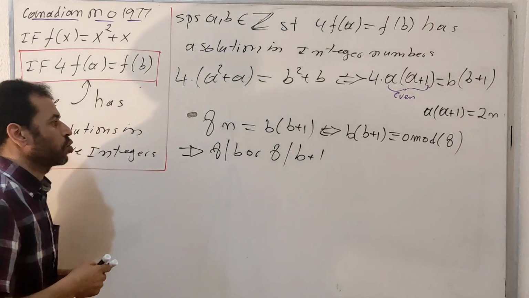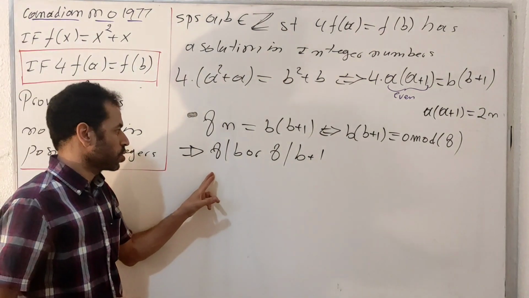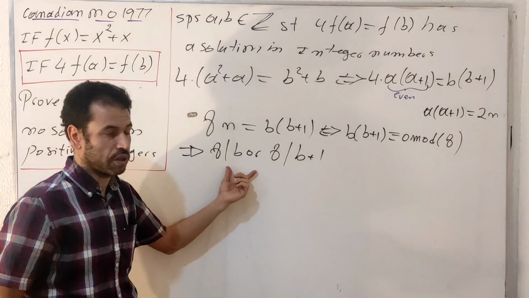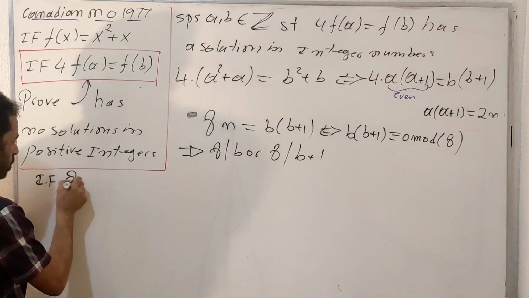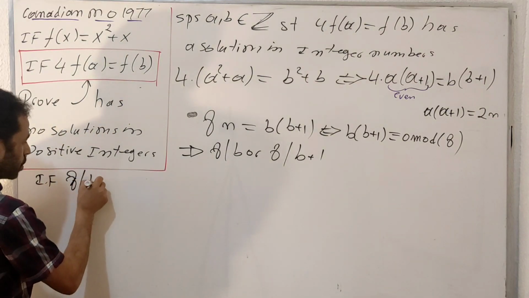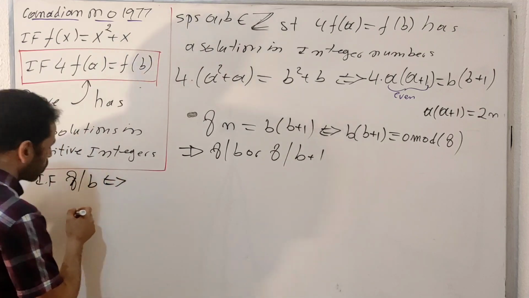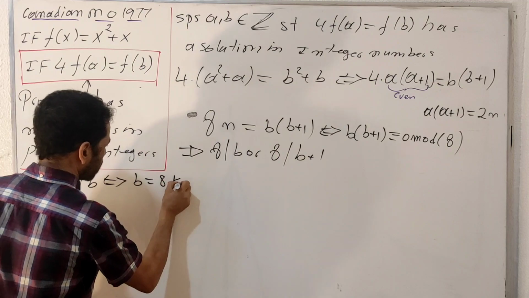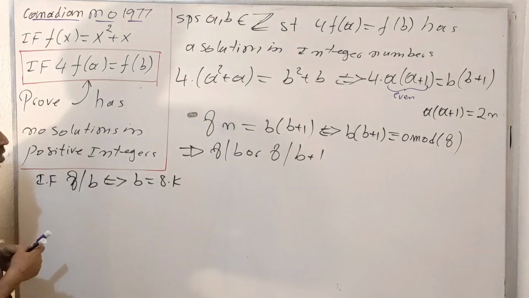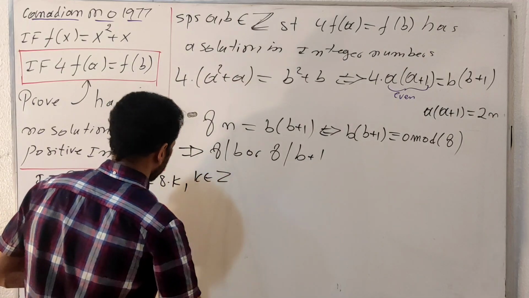We are going through each one; we are going to work on both cases. So if 8 divides b, according to the divisibility statement, I will have b equals 8k.